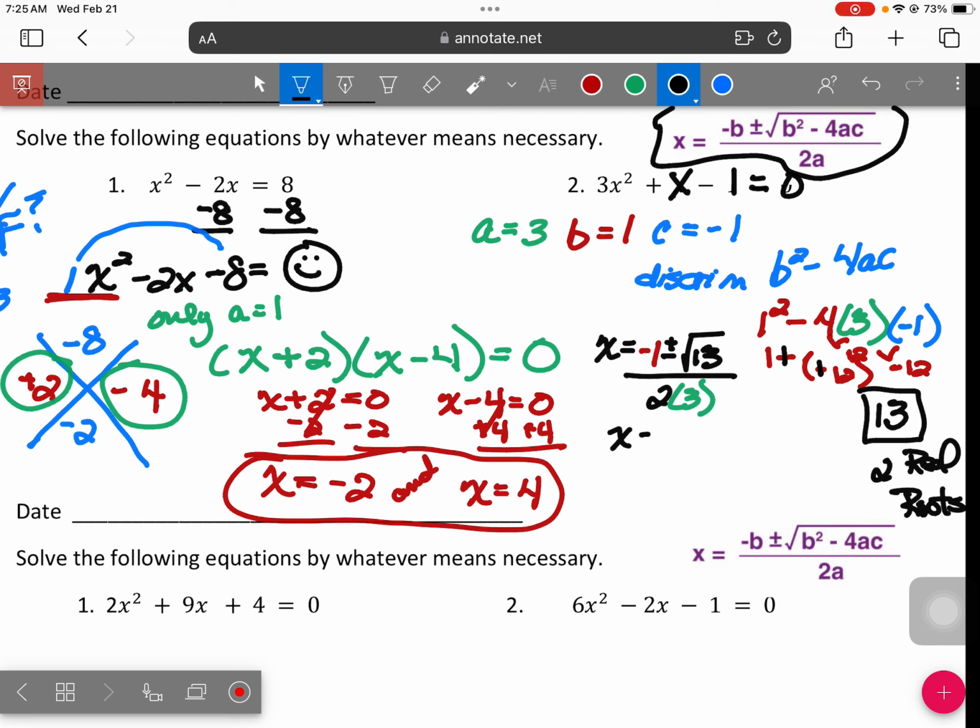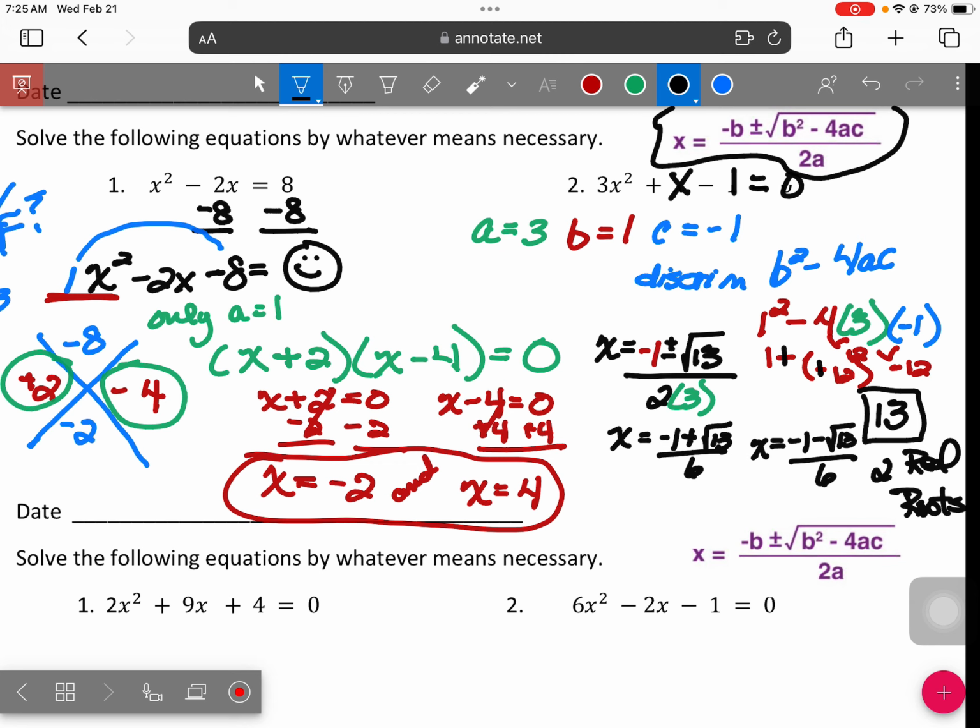So I'm going to say x equals the opposite of 1 plus the square root of 13 divided by 6. And x equals the opposite of 1 minus the square root of 13, all divided by 6. And then you're going to need the calculator because 13 is not a perfect square.